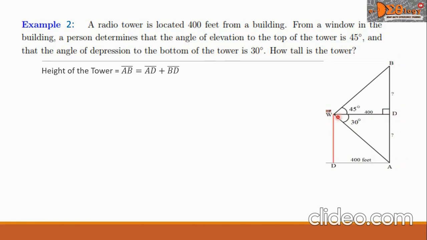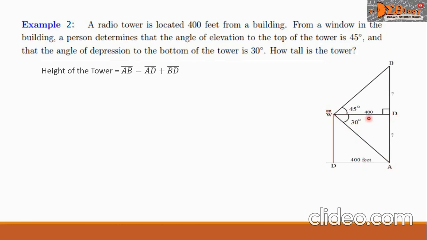In the problem it says, from this window, the angle of elevation is 45 degrees to the top, and also from the window, the angle of depression to the bottom of the radio tower is 30 degrees. And the distance from this window of the building up to the radio tower is the 400 feet.